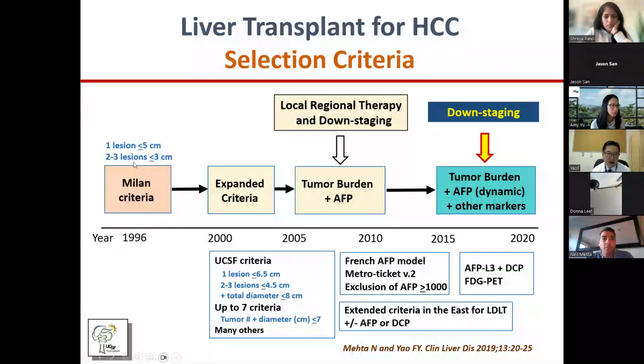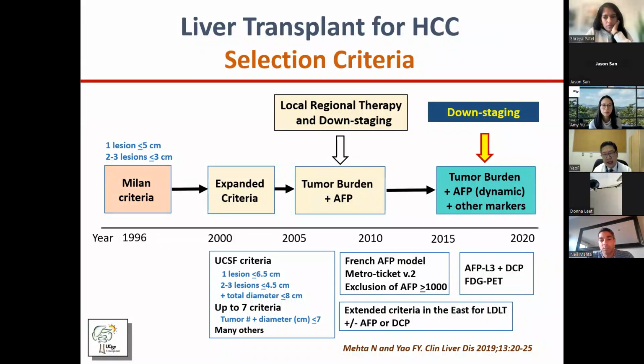You can see the criteria: single lesion up to 5 centimeters, or 2 to 3 lesions up to 3 centimeters. Really the benchmark for selection of candidates for transplant. But for over a decade, we debated about whether these criteria were too restrictive. So we had debates about expanded criteria, including the UCSF criteria, up to 7 criteria, and many others.